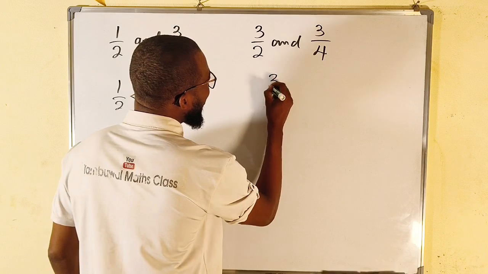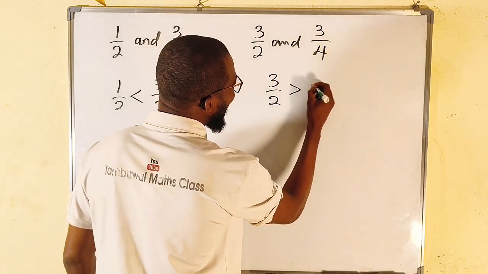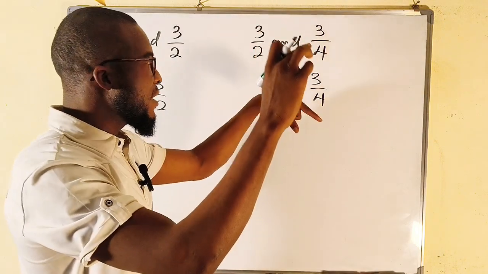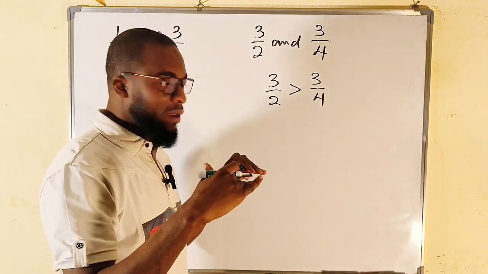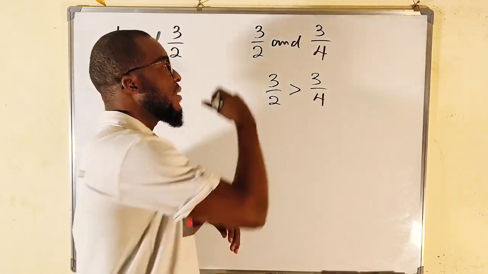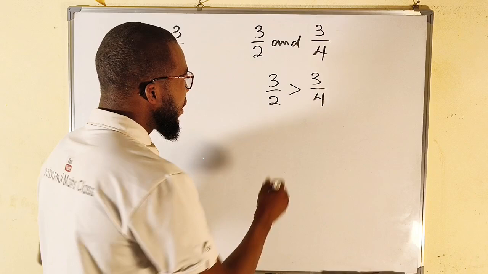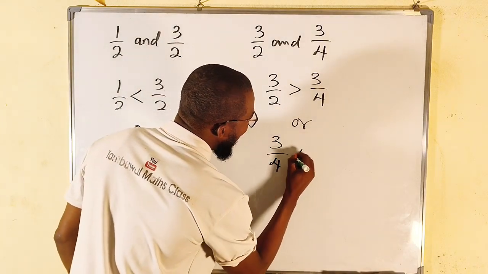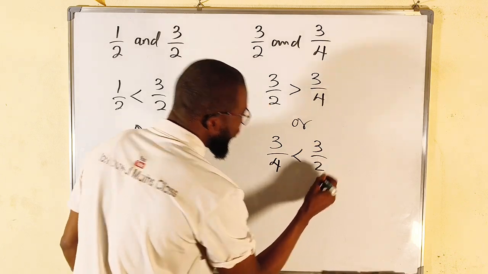Therefore, 3 over 2 is greater than 3 over 4. They have the same numerators, 3. Then you look at their denominators. Then the one with the smaller denominator is always greater than the other one. Or you can write it as 3 over 4 less than 3 over 2.